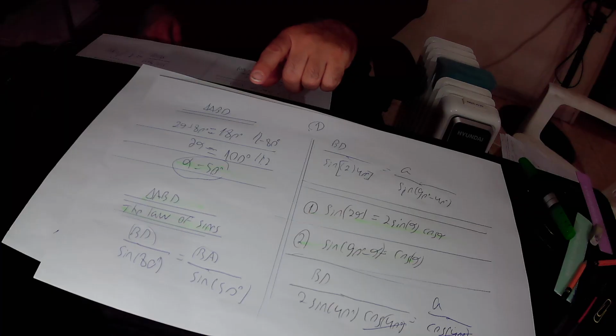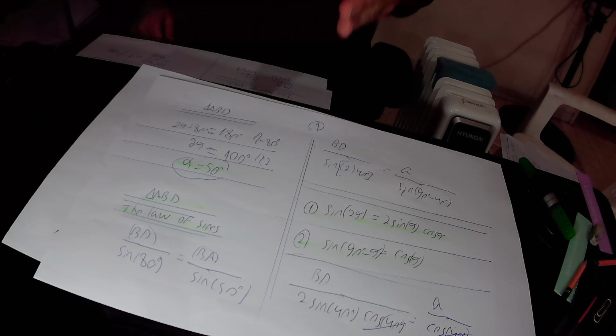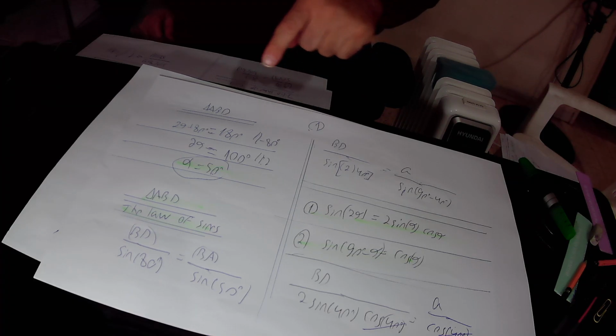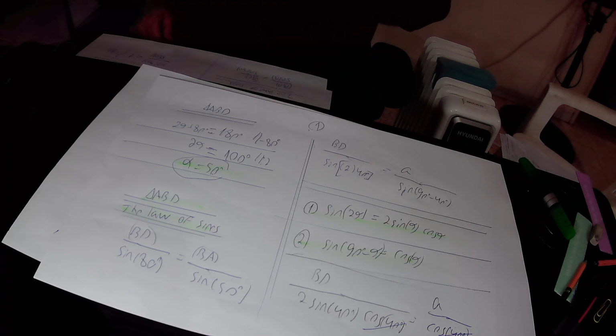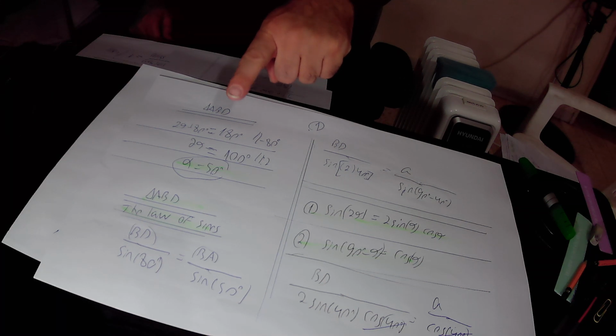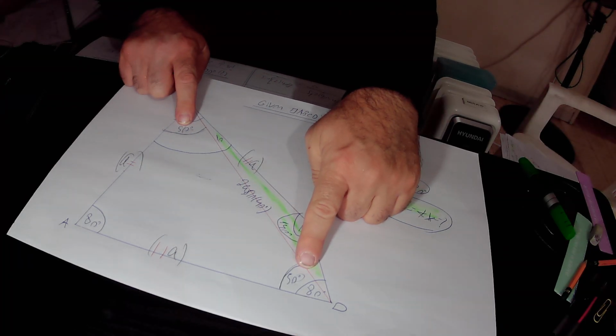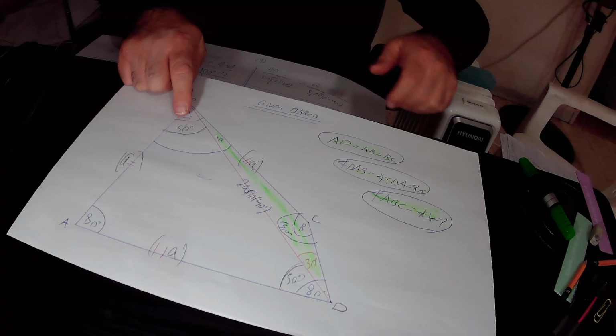Here we subtracted 80 degrees from this equation and found out that 2 alpha equals 180 degrees minus 80 degrees, which is 100 degrees. Here we divided this equation by 2 and found that the missing angle alpha equals 100 degrees over 2, that is 50 degrees. So those two angles are both equal to alpha, and therefore each of them is equal to 50 degrees in its size.